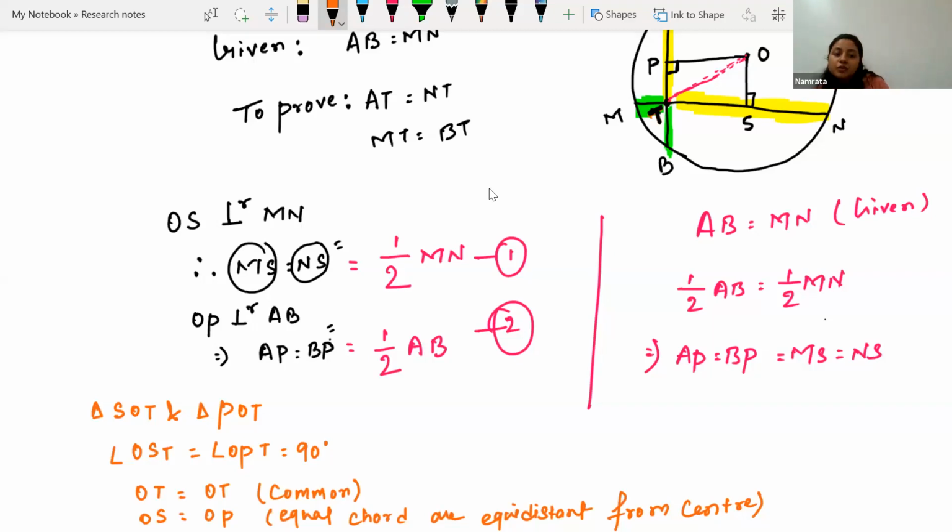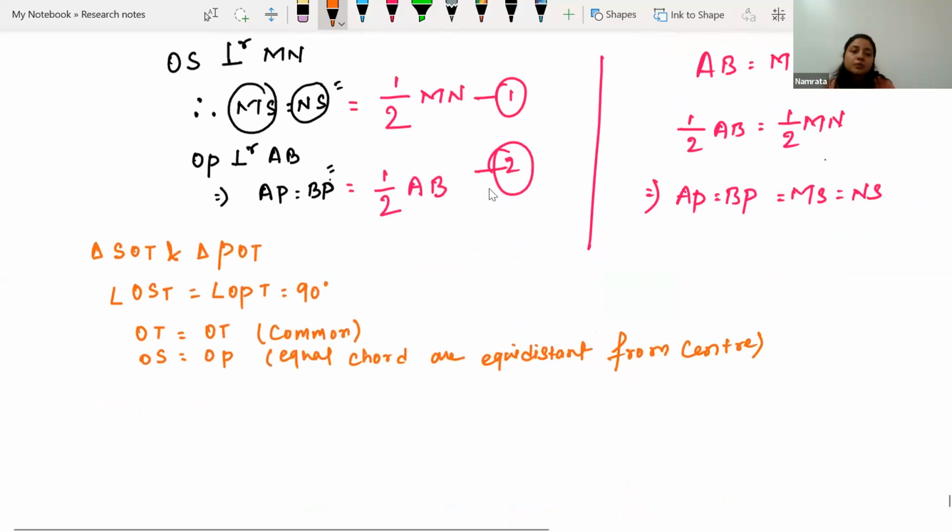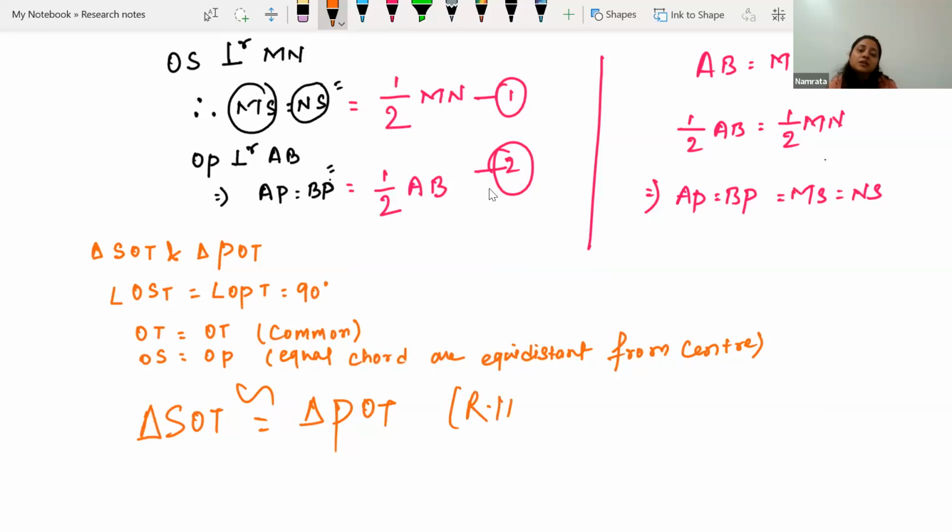Okay, these are the three conditions we have got. Now if you focus over here, you will be able to find that RHS congruency is working here, and hence triangle SOT and triangle POT are congruent. So we can say that triangle SOT is congruent with triangle POT by RHS congruency. Now from here we can say that ST and PT will be equal by CPCT.